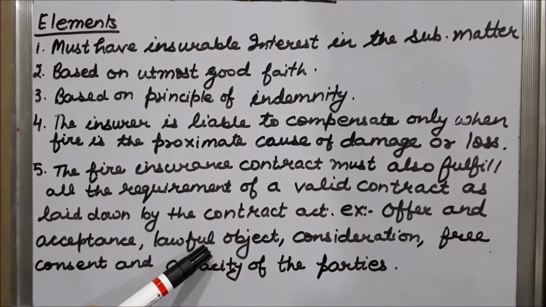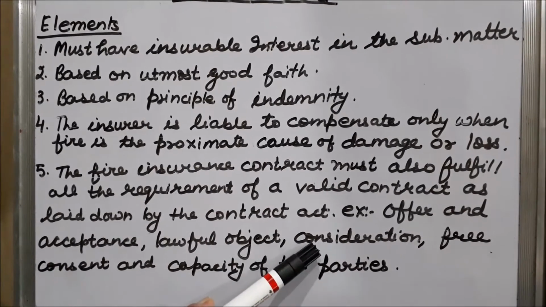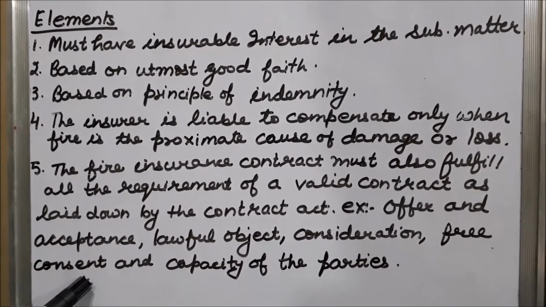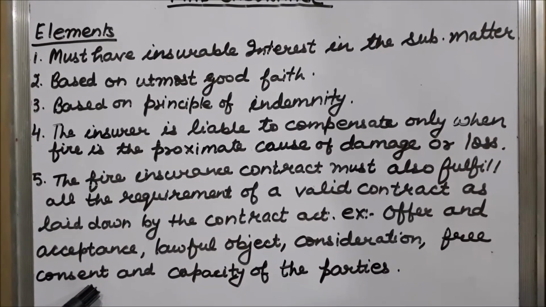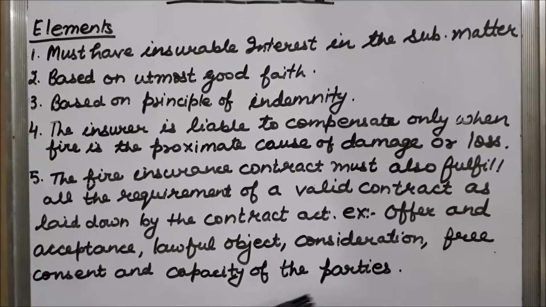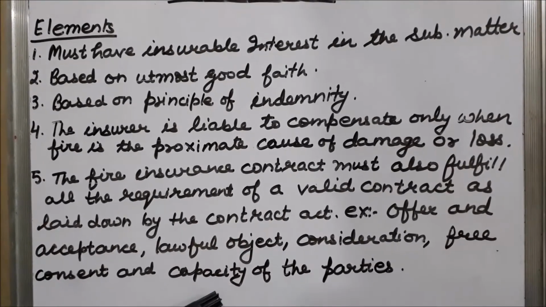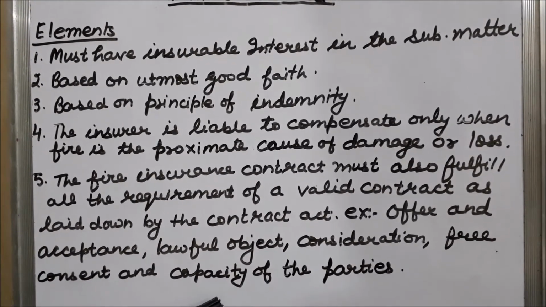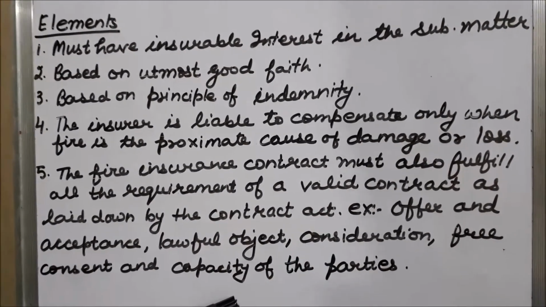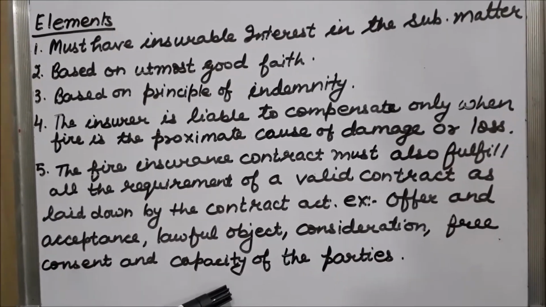Lawful object should be there. Consideration should be lawful. Free consent: the offer should be accepted freely without any pressure. Capacity of the parties: the party who is taking the insurance policy must be capable to enter into the contract. All activities should be done legally.